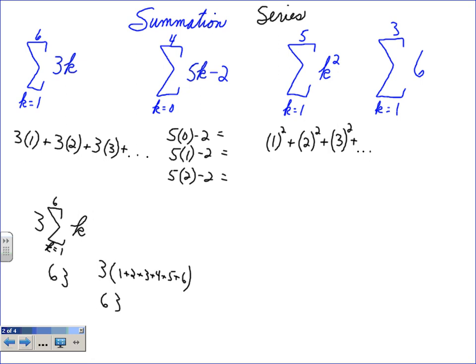The last example. What do you think that last example means, Andrew? You have any idea? Where it says k from 1 to 3 of 6. Yes, that's exactly right.